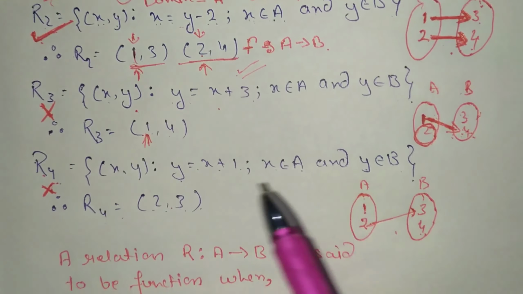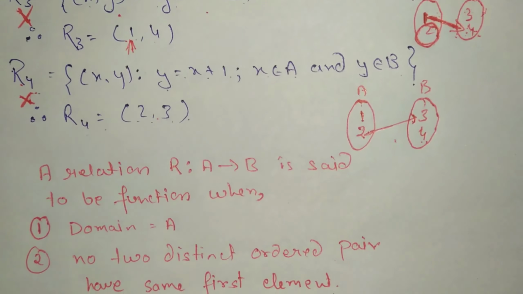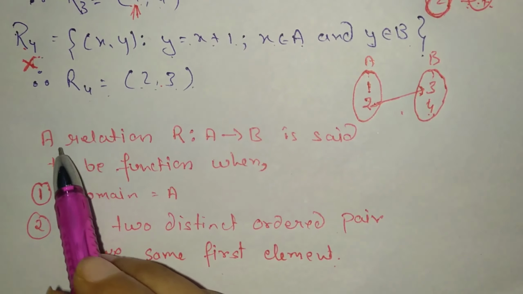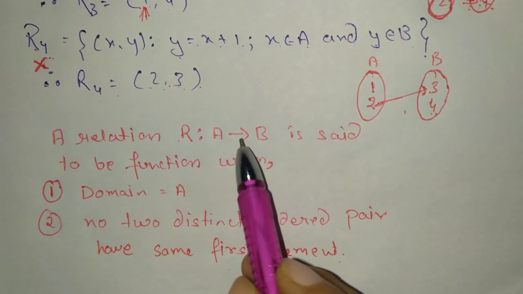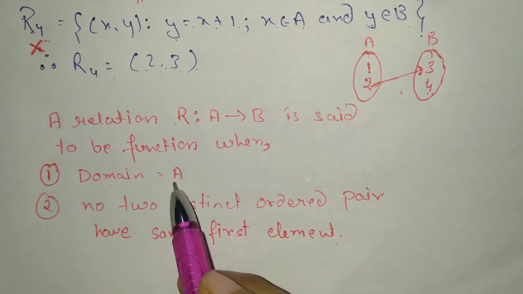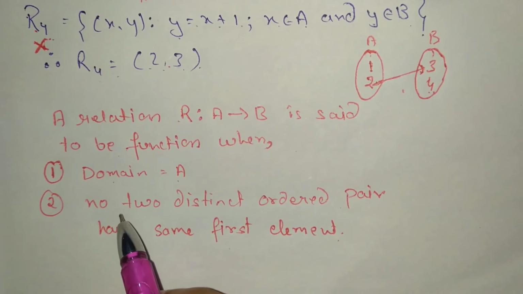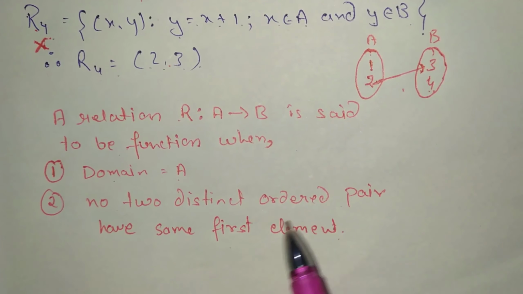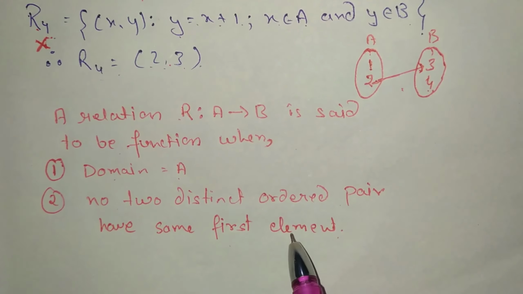Our second definition is, a relation R is said to be a function when domain is equal to set A and no two distinct ordered pairs have the same first element.